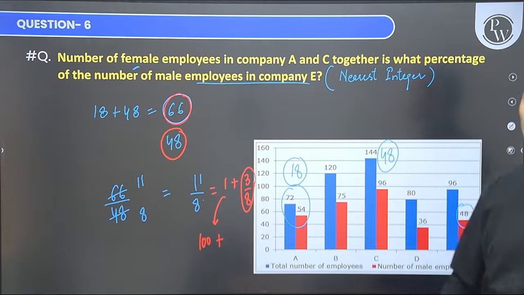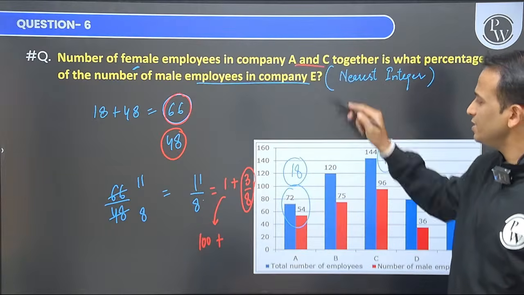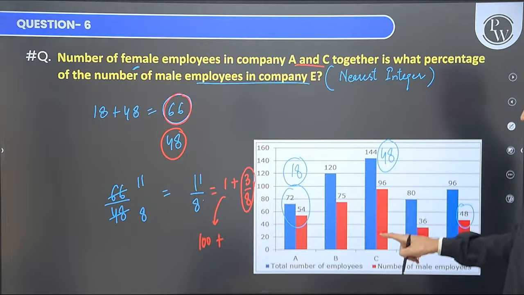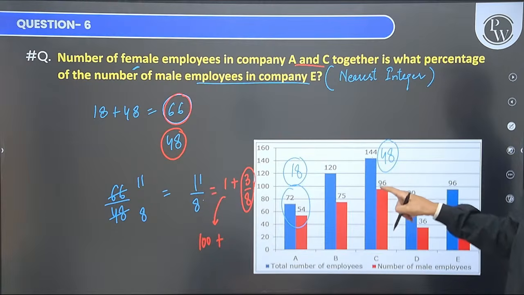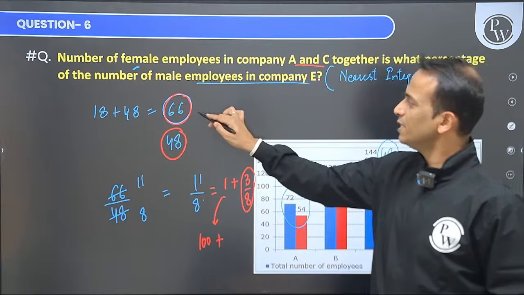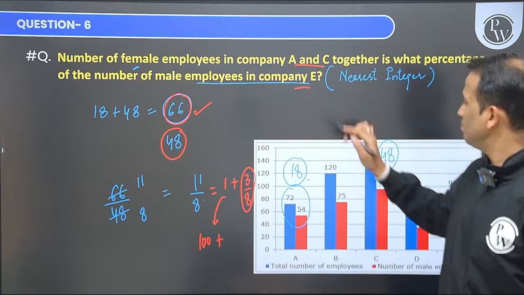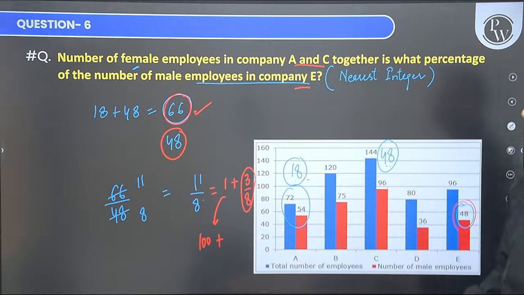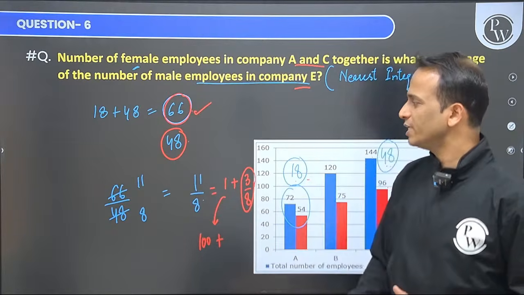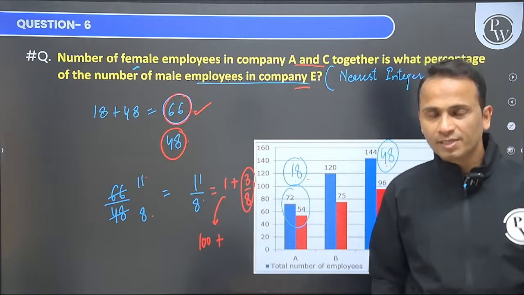Okay, so let's look at this question once again. The number of female employees in company A and C together. Company A number of female employees is 18 and company C number of female employees is 44 plus 4, 48. Now 66 is the number of females in A and C together. And the number of male employees in company E is 48. 66 upon 48, according to me, is absolutely correct. 11 upon 8 is 1 plus 3 by 8.